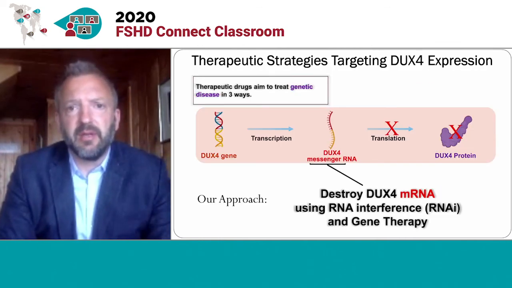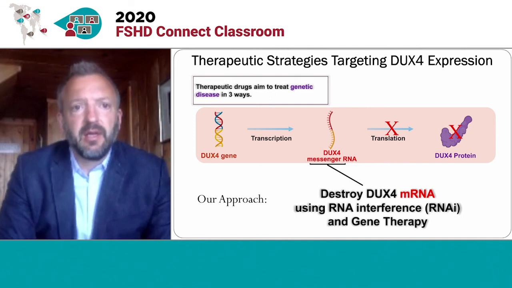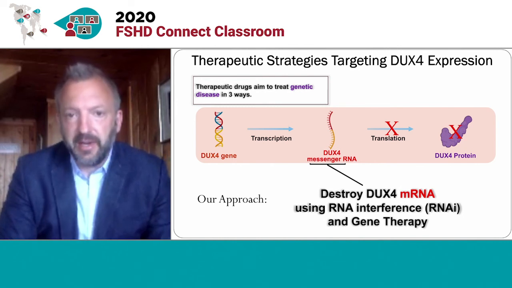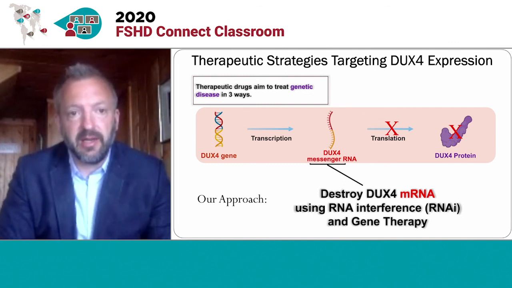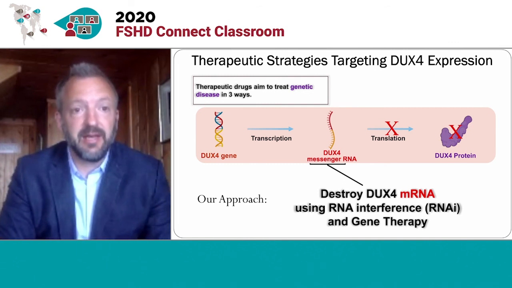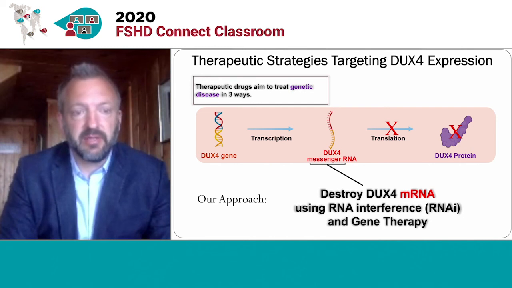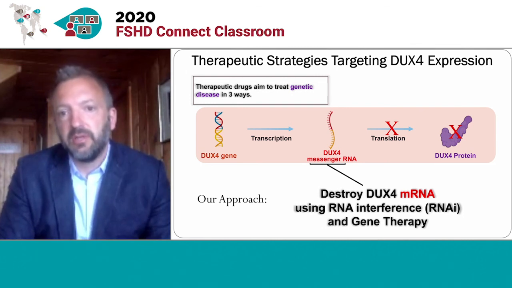This is a slide from the previous talk that you may recognize. And it simply points out the idea of the central dogma of molecular biology, which is that the genetic information encoded in our genes in the form of DNA, and that's shown there at the left with the DUX4 gene, is copied into a copy of a gene called the messenger RNA through a process called transcription, and then that messenger RNA serves as a template to make protein.